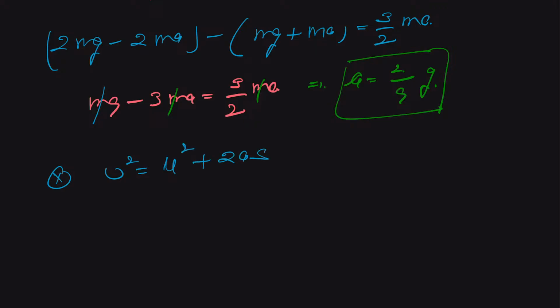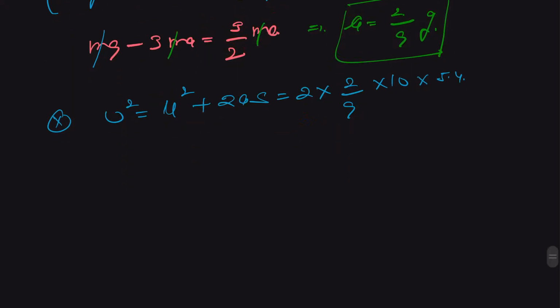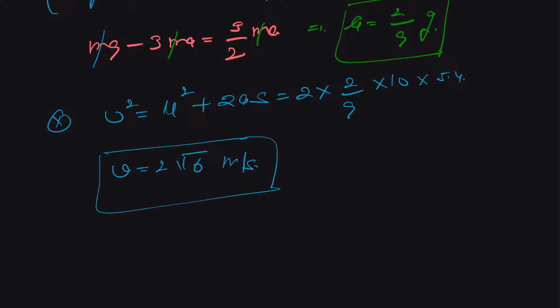Initially it was at rest, so this equals 2 times 2/9, and g we can take as 10, times s, which is given to us as 5.4. Therefore our velocity v will be equal to 2 square root of 6 meters per second. This is our velocity.